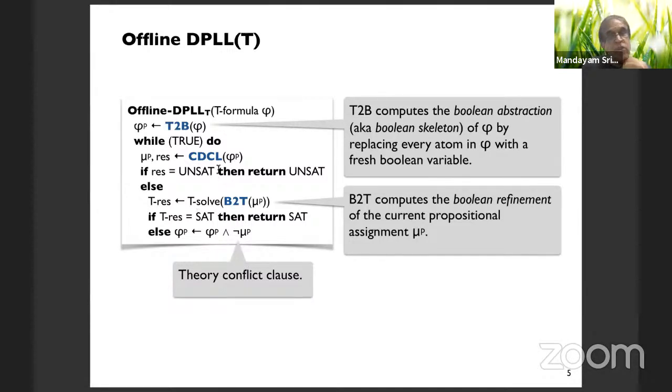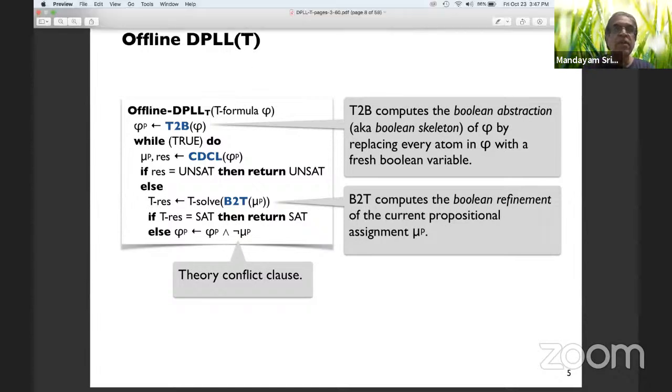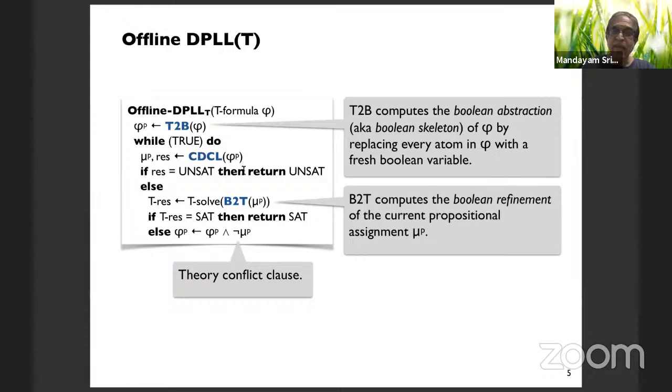Of course, when you solve the propositional abstraction of the formula, that will involve all the details of generating partial assignments, BCP, followed by Boolean conflict clauses that are generated, and so on.